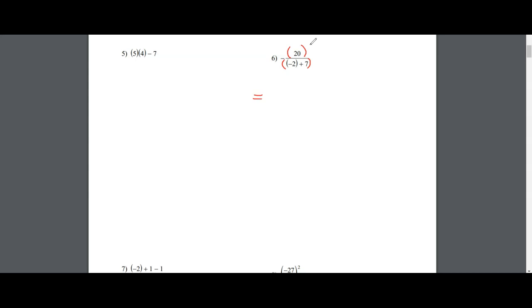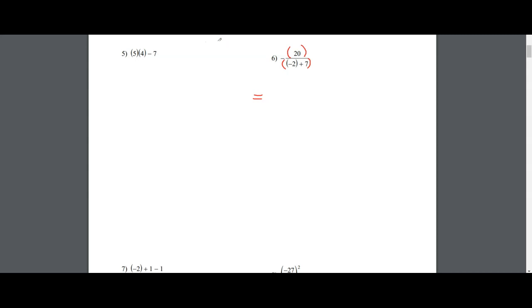So I have a negative sign. Something else to talk about is this negative sign can either go to the numerator or it can go to the denominator. It just can't go to both. Or you can leave it until the very end and just put it into the answer. So it's up to you. I could leave this as -20 over my denominator, or I'm just going to show you all the different ways.